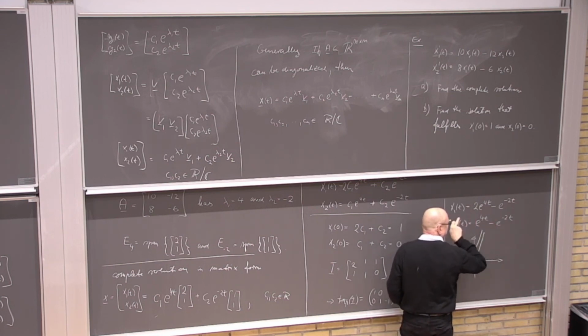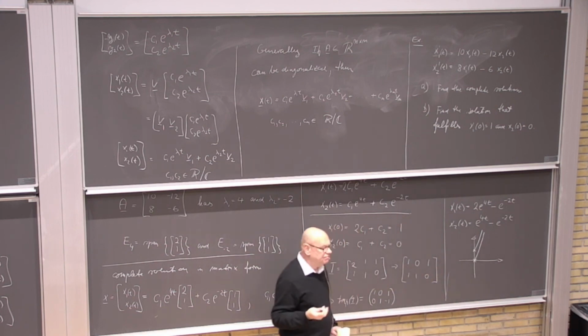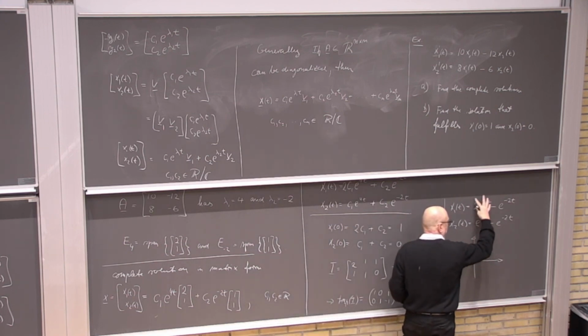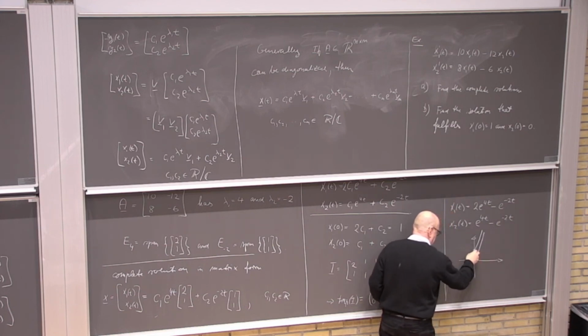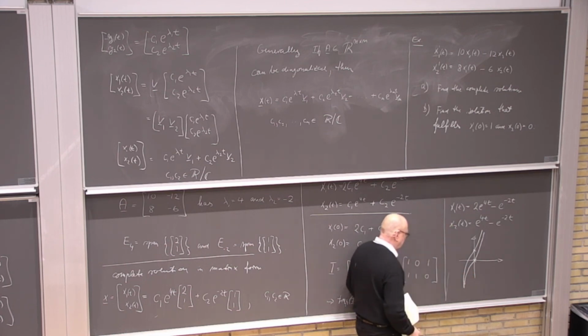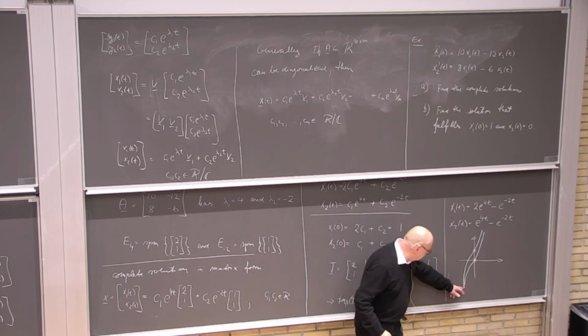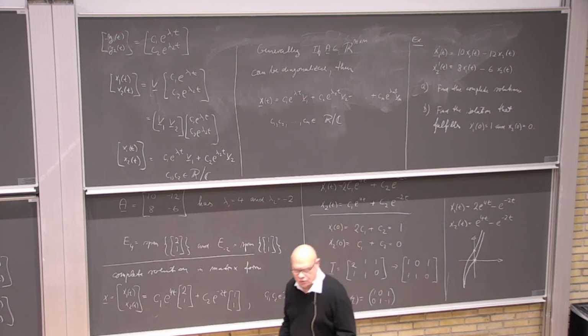Similarly, if t goes to minus infinity, then these terms here will go to 0, and these are negative terms, and they will govern the solution, so they will go something like this. And here they have the same coefficient, so they will go asymptotically towards each other, but they will never meet. This is how the solution looks.